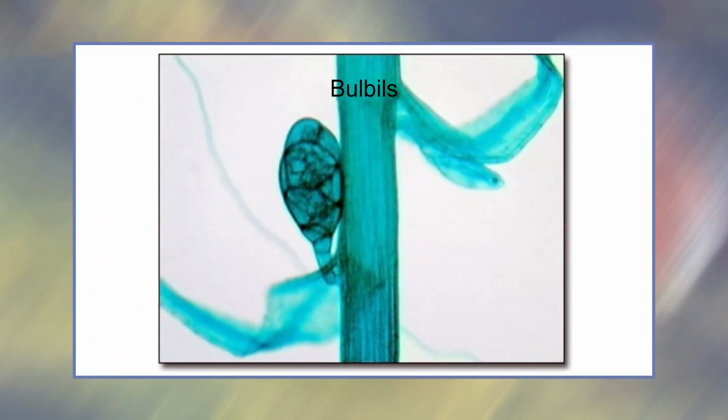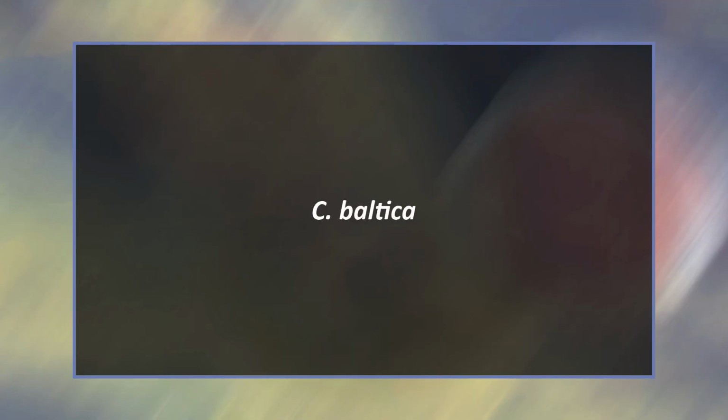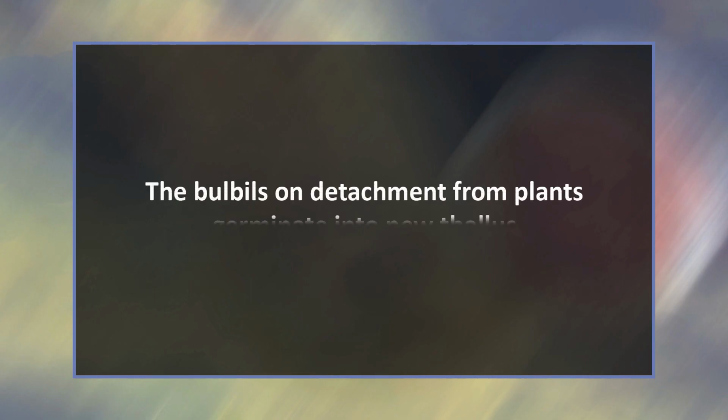The bulbils are spherical or oval tuber-like structures which develop on rhizoids or on lower nodes of main axes, for example, Chara baltica. The bulbils on detachment from plants germinate into new thallus. Second, amylum stars.